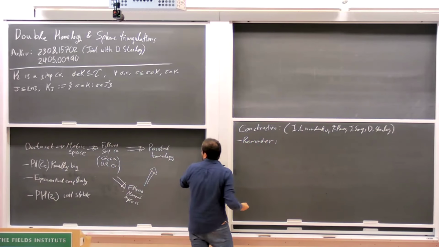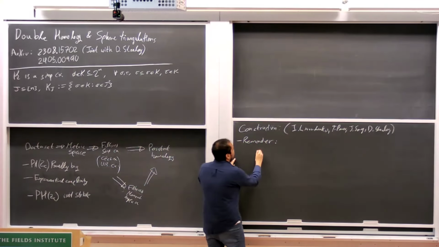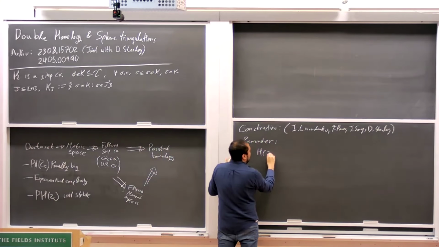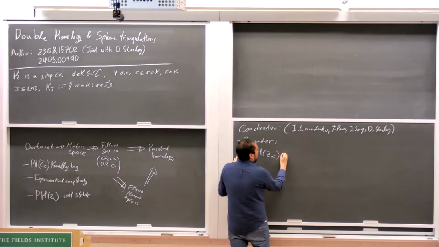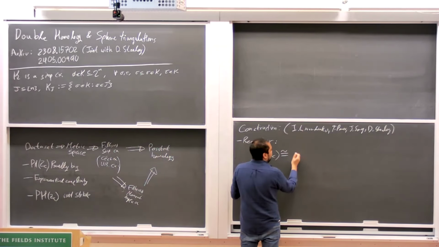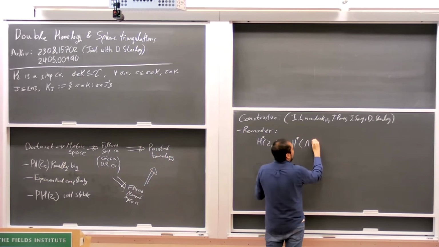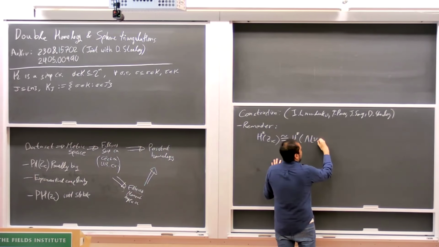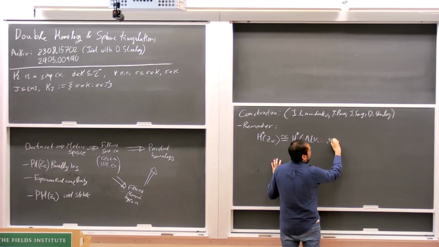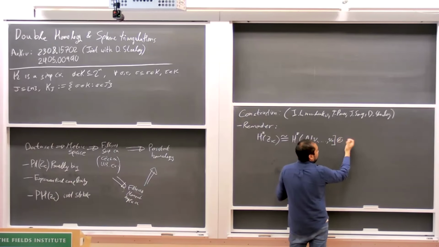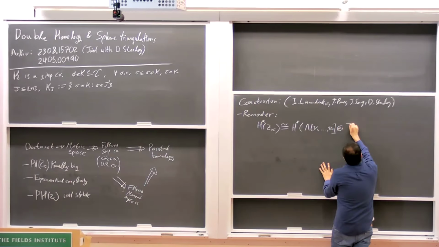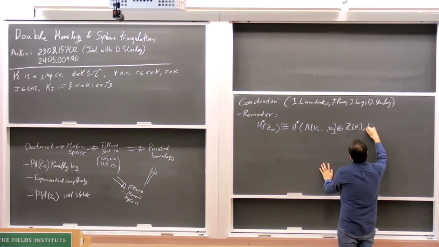We have explicit formulas for the homology of the moment angle complex. One of them is by looking at the Stanley-Reisner ring.